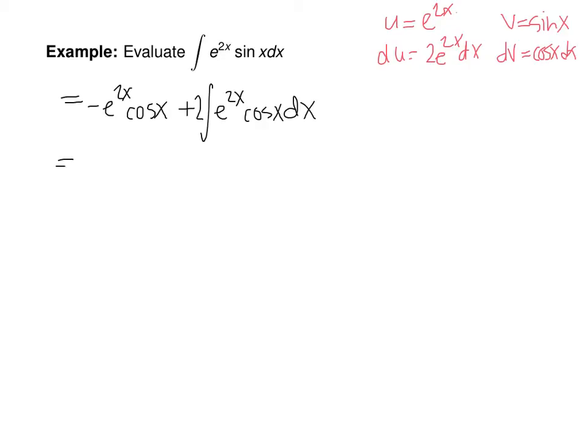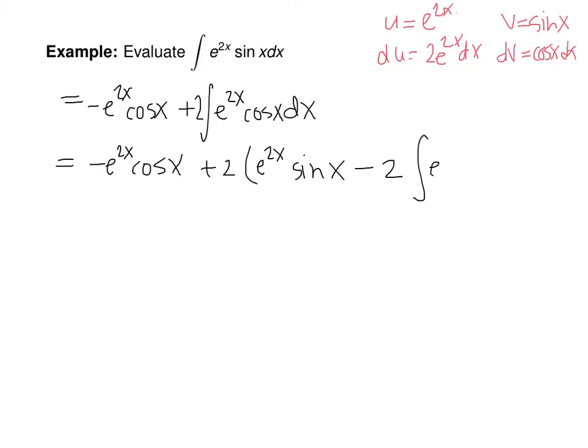So we now have that the integral of e to the 2x sine x dx is equal to negative e to the 2x cosine x plus 2 times uv, so e to the 2x sine x, minus twice the integral, so minus v du, and that 2 comes out, minus 2e to the 2x sine x dx.